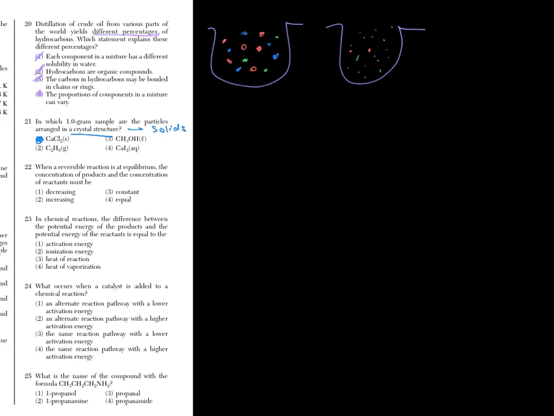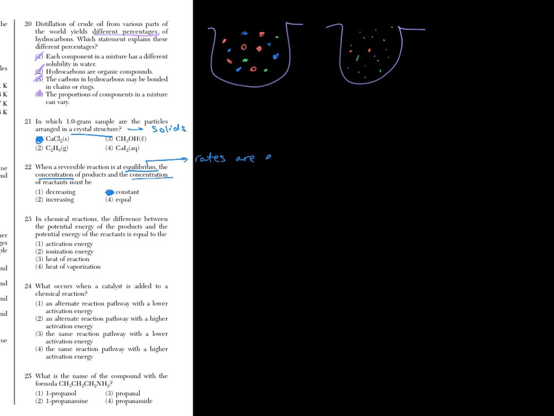Number 22. When a reversible reaction is at equilibrium, the concentration of products and the concentration of reactants must be what? So concentration, they must be constant. So they don't have to necessarily have equal amounts, equal concentrations, but as long as the rates are equal for equilibrium.